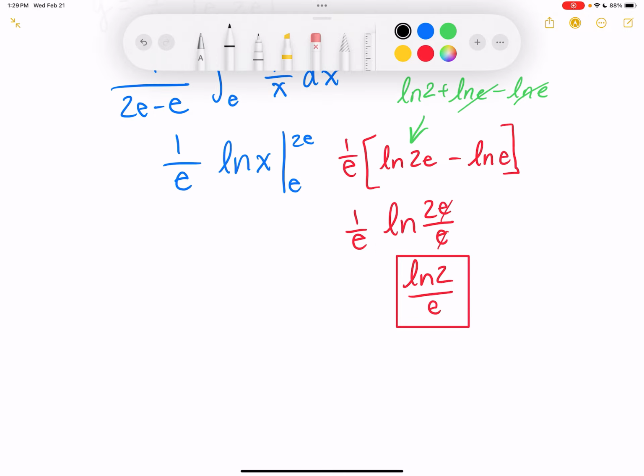All right, one final problem. Same instructions as 32 through 36: y equals the secant of x tangent of x, from 0 to pi over 3.